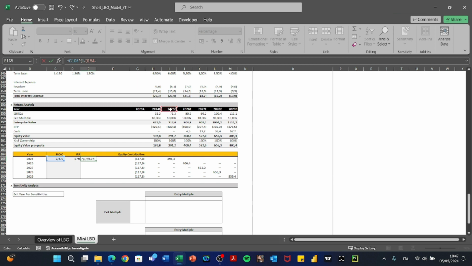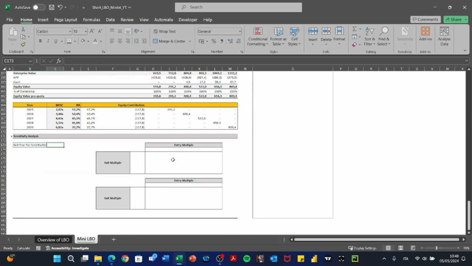Let's try to make this, and that should be 2, should be 4, should be 5. Those are the same.